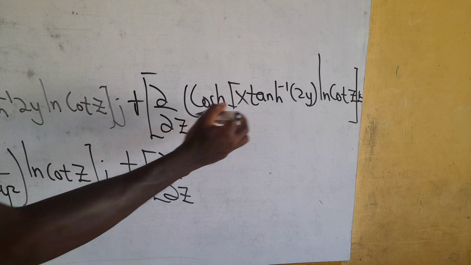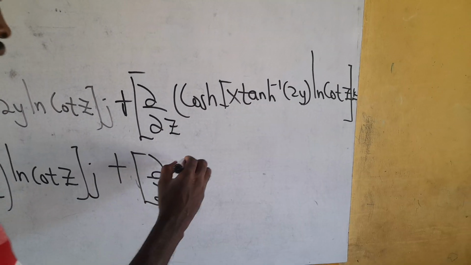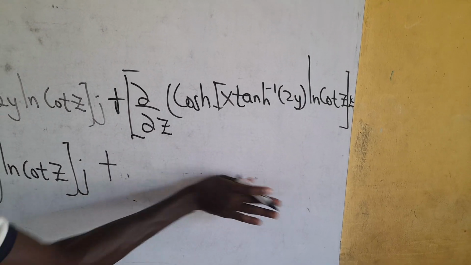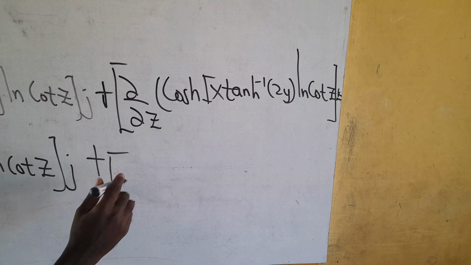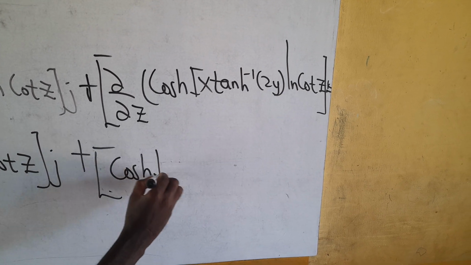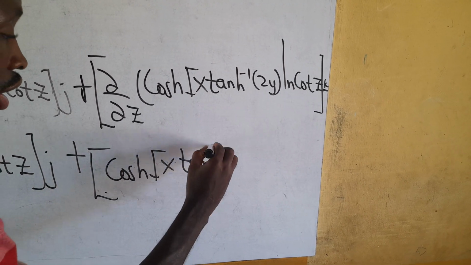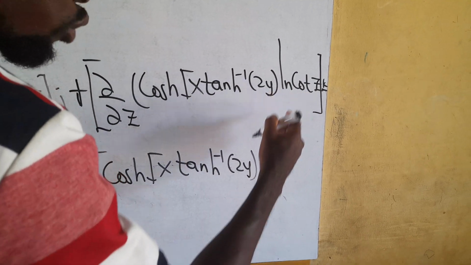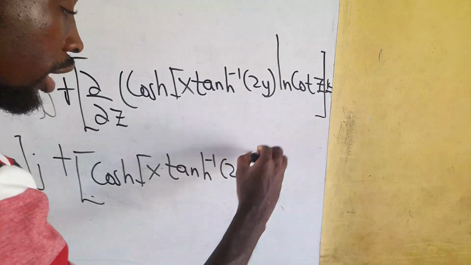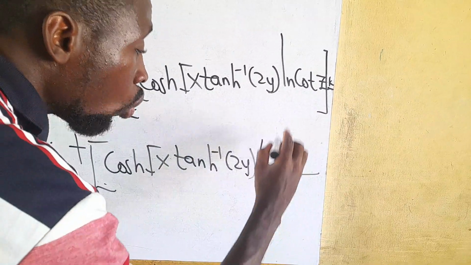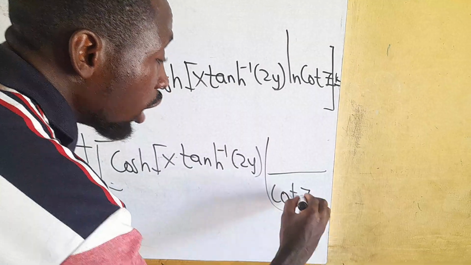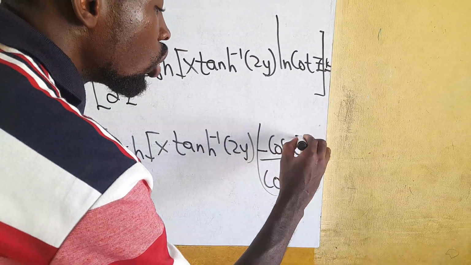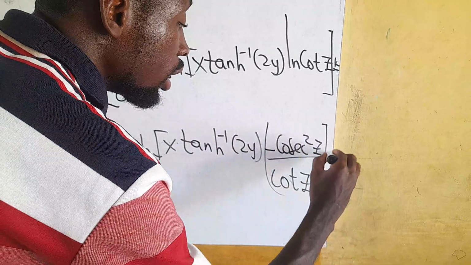Now we find the partial differentiation with respect to z. With respect to z, the x and the y will be held constant. So we have cosh root x tan inverse of 2y. When we differentiate ln cot z, remember we have to reciprocate, so we get 1 over cot z. Then we differentiate cot z, and we get negative cosec squared z, and that is in the k direction.